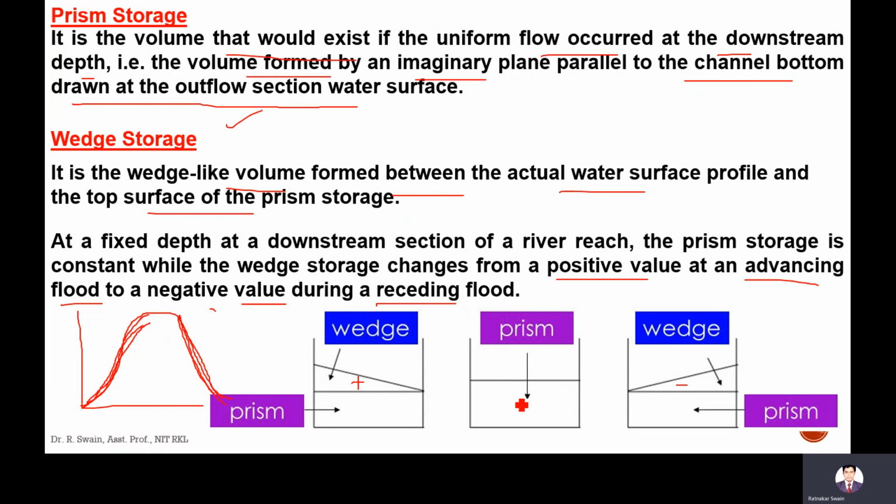So this is the concept of storage in channel routing.